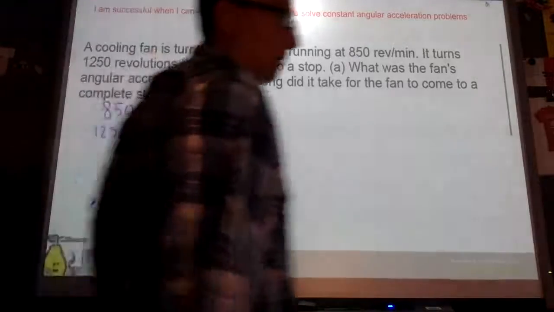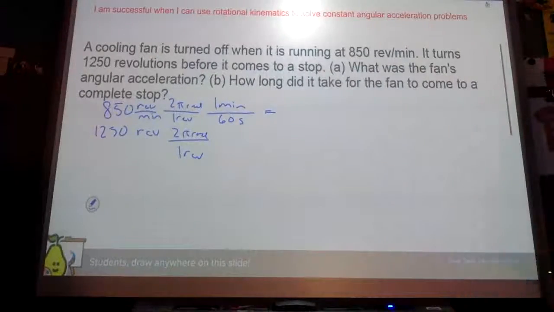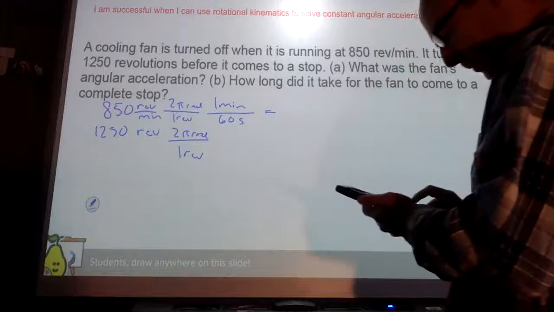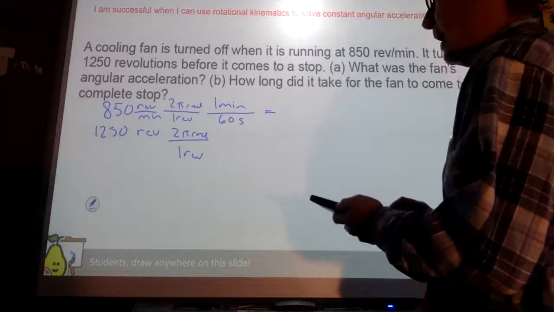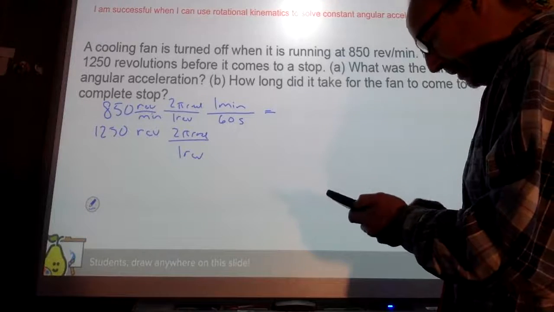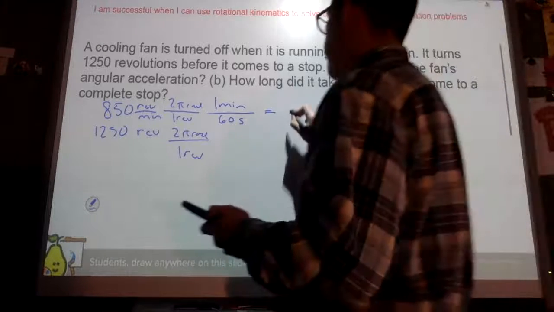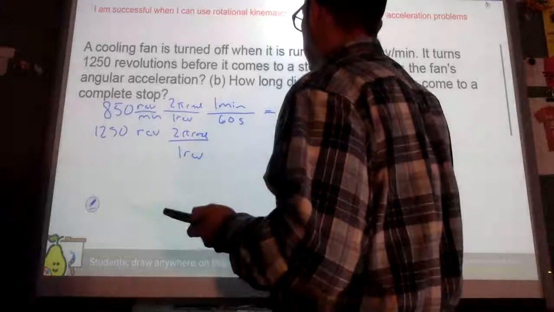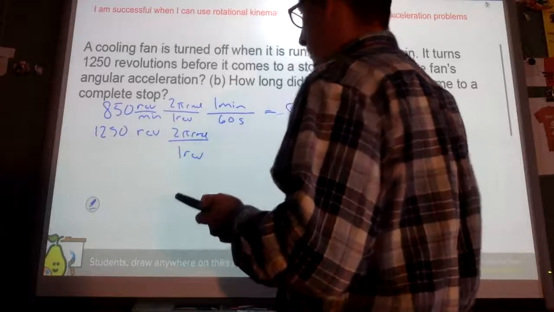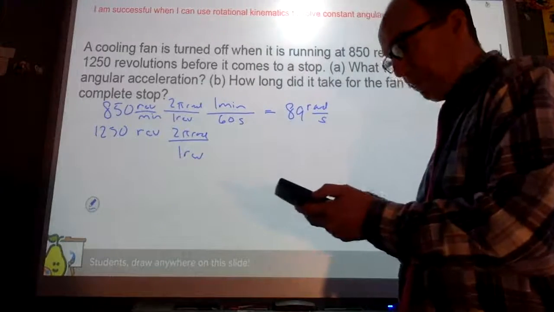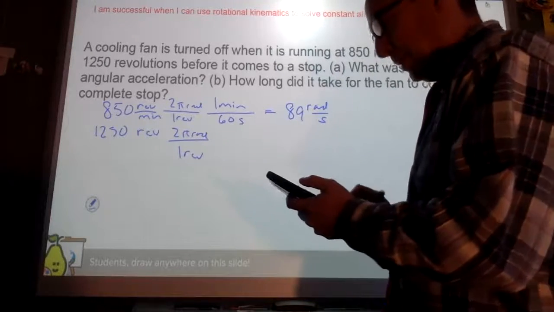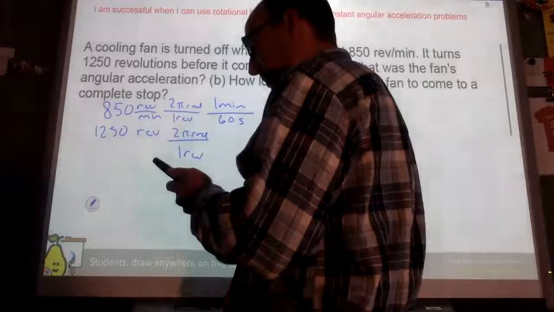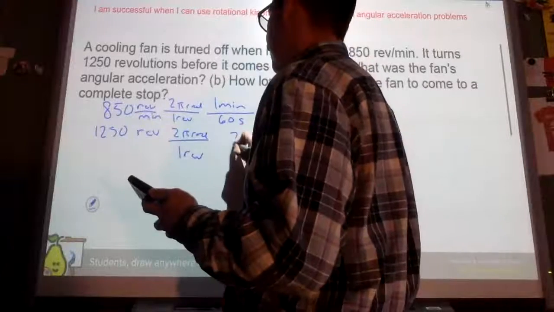I'm going to use my calculator. 850 times 2 times pi divided by 60 gives me 89. And 1250 times 2 pi is going to give me 7,854.